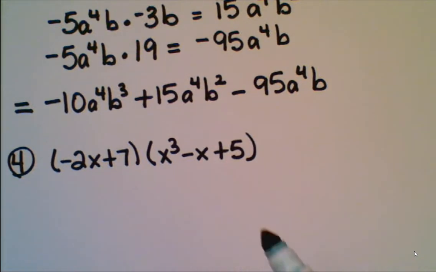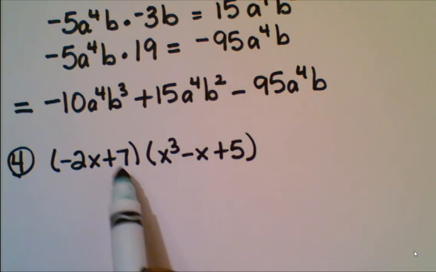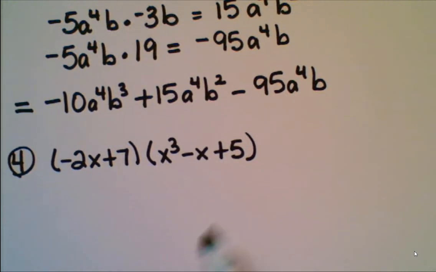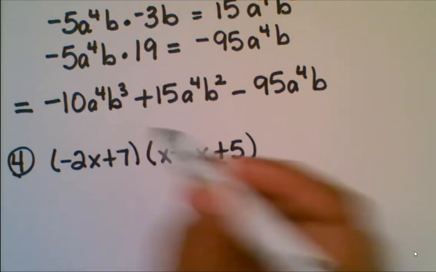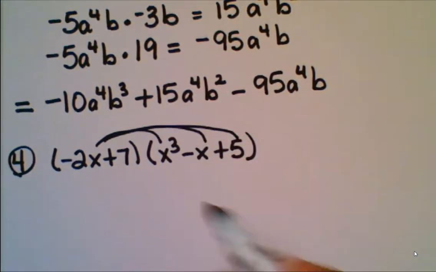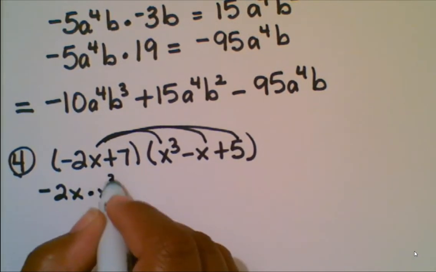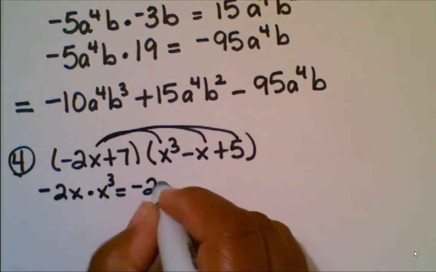So let's distribute. So we're going to take each term in the binomial, the negative 2x and the 7, and we're going to distribute that to every term in the trinomial. So let's take the negative 2x and let's distribute 3 times. We have negative 2x times x cubed, which gives us negative 2x to the fourth.